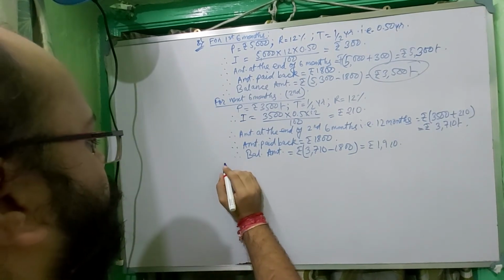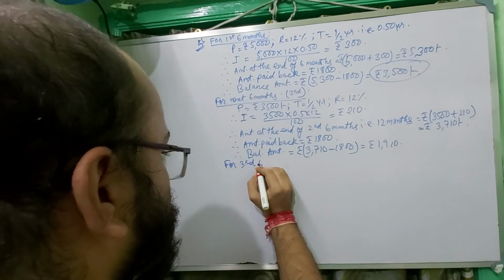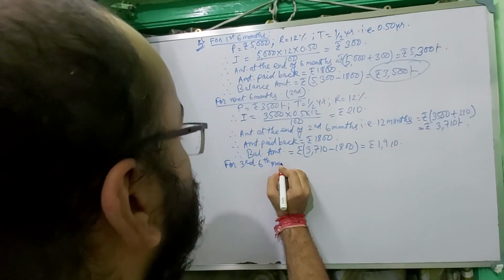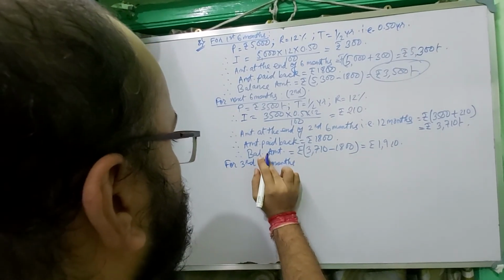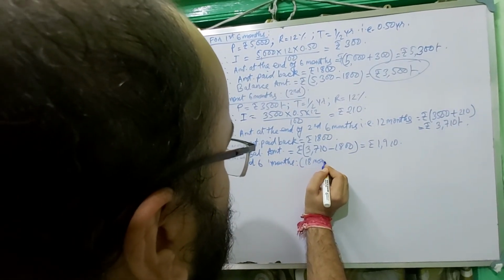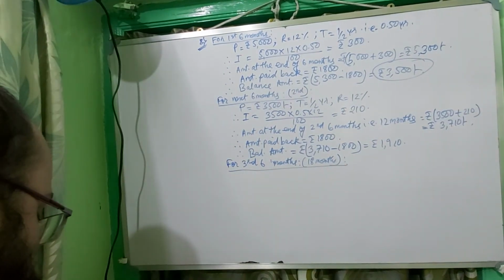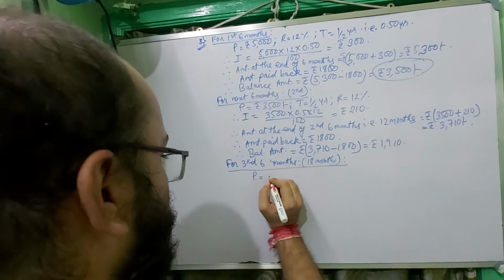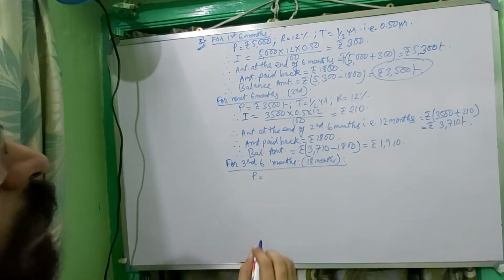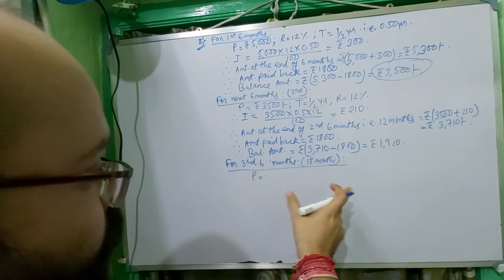And again, for the third 6 months, that is up to 18 months, here you have to calculate only the amount for the third 6 months. You don't need to calculate the balance amount.